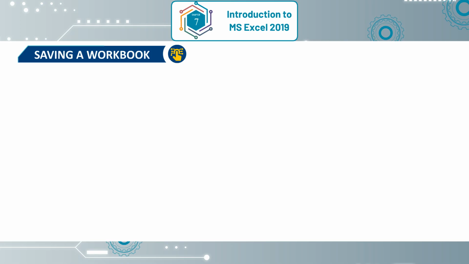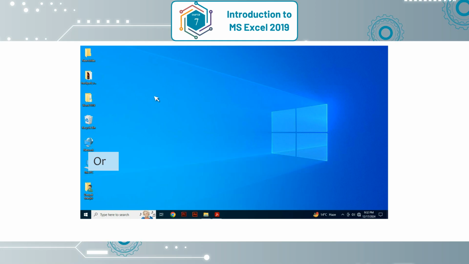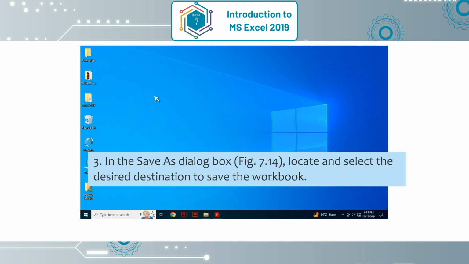Saving a workbook. To save a workbook, follow these steps. 1. Click on the File tab, then the Save option, or click on the Save button available on the Quick Access toolbar. 2. On the Save As screen, double-click on the This PC option. 3.